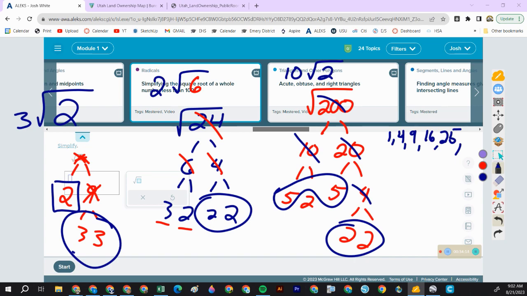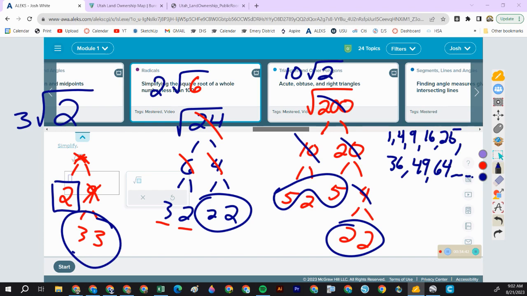How'd you get that? Yeah. 1 squared is 1, 2 squared is 4, 3 squared is 9, 4 squared is 16. So 36, 49, 64, and so on. Those numbers are called perfect squares. Okay? And anytime you take the square root of a perfect square, you get a whole number.